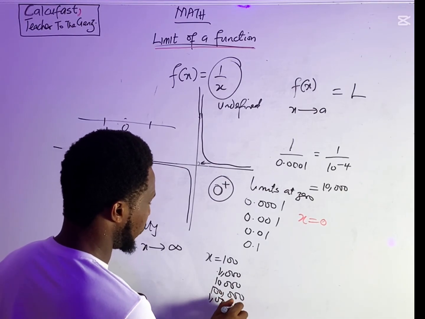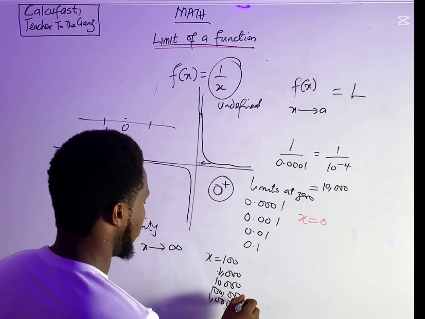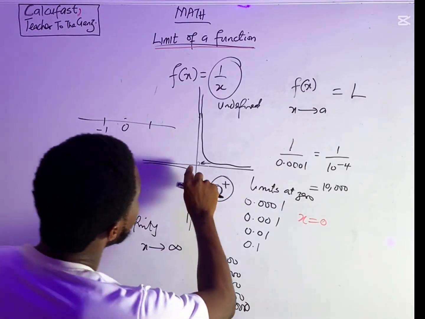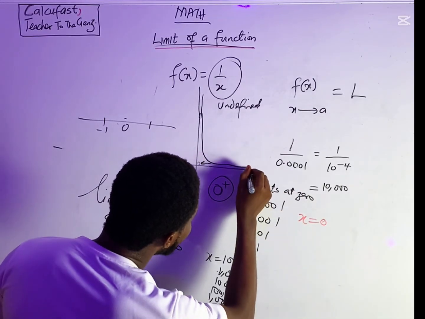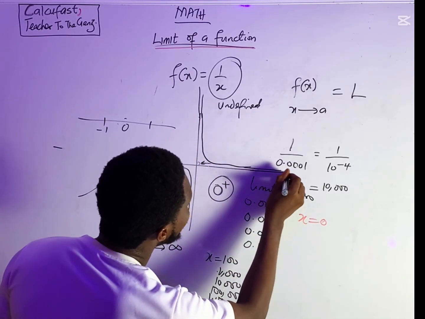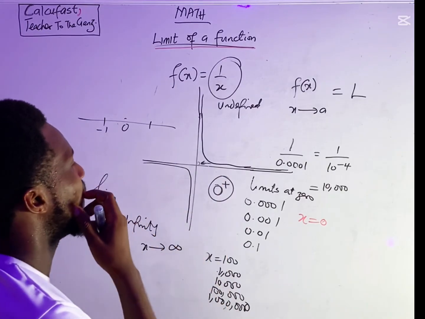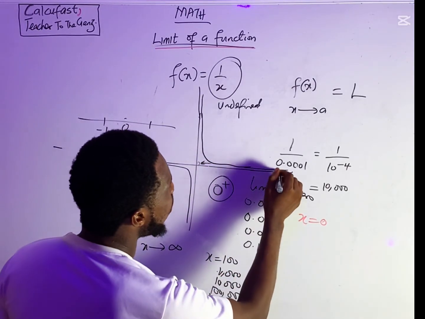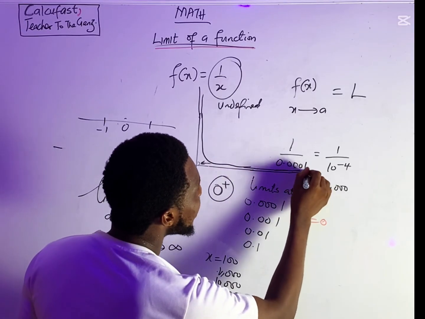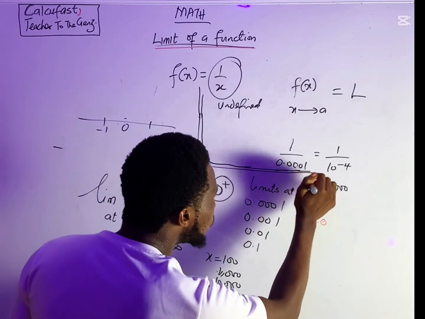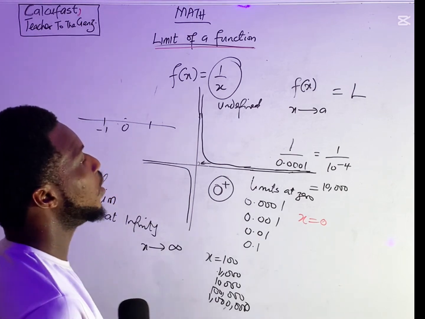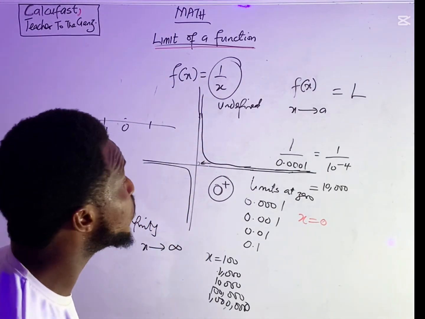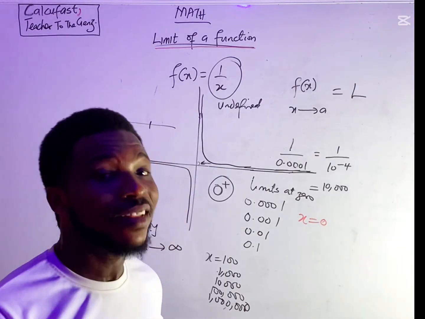As x is getting big and big and big, you get to a stage that y is extremely small and y gets closer and closer to 0.